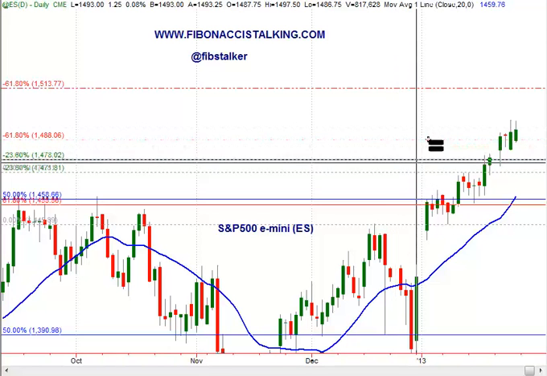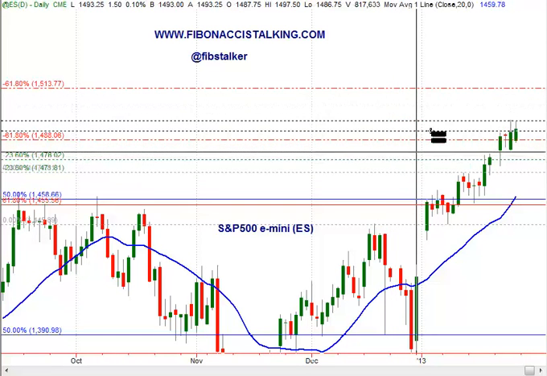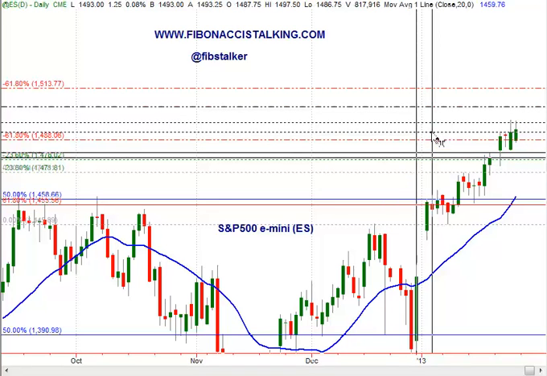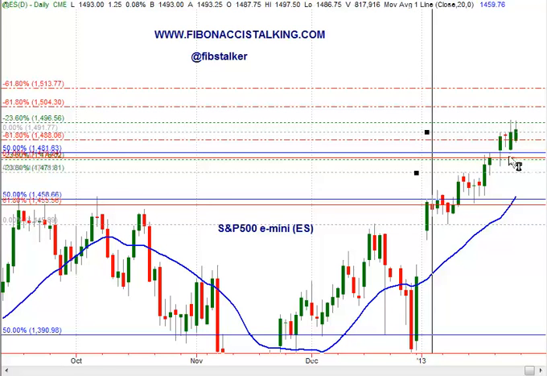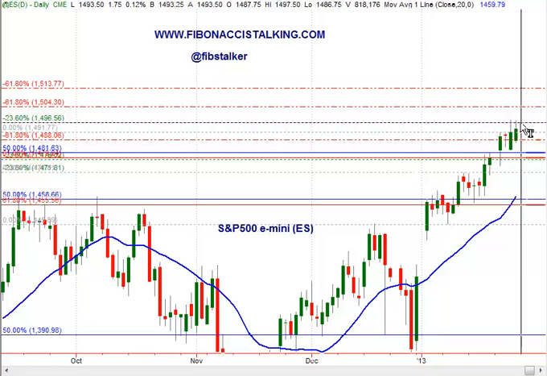We traded this level. We went very close to this level, but we didn't touch it. But it actually worked, and as we can see, price went all the way to the first target in the 1496 area, and we are getting resistance at that area.